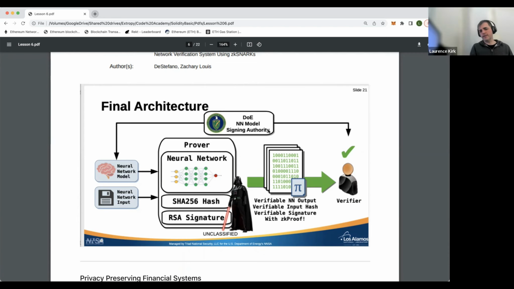And all of that then can get bundled up into a zero knowledge proof to give to a verifier. And so what this proof does is to show the verifier that all of this process has been done correctly, that the computation has been done correctly, that the inputs have been applied correctly, that the thing has been signed correctly, but it's not giving away additional information to the verifier.